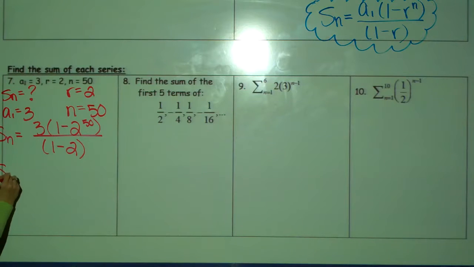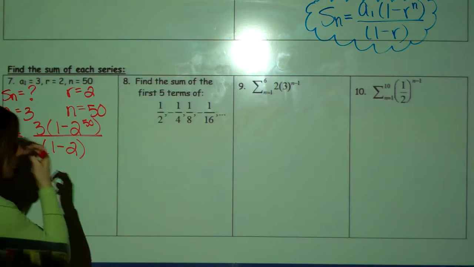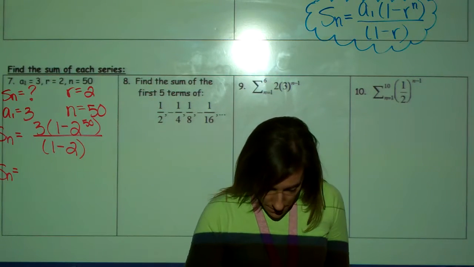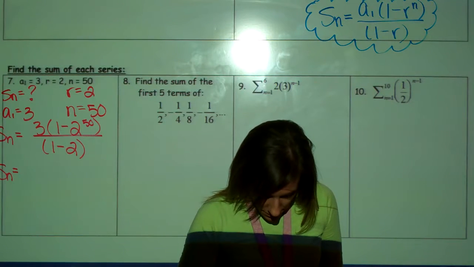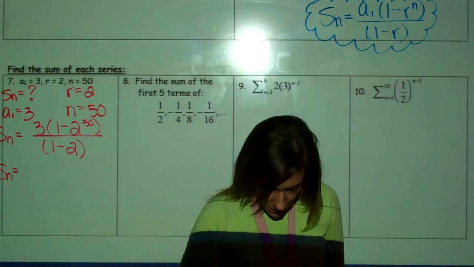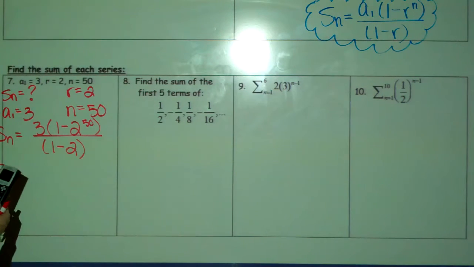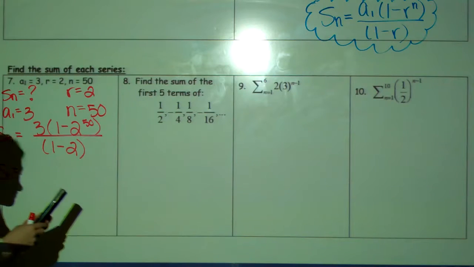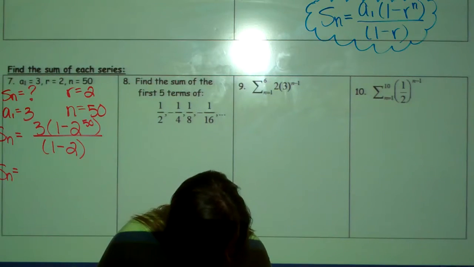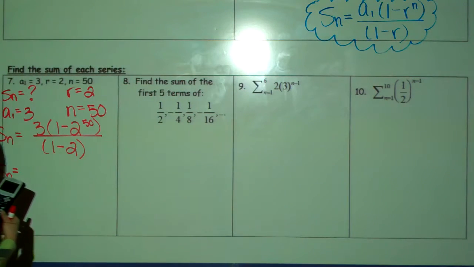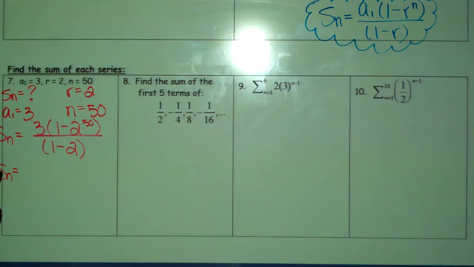Okay, so I'm just going to go through. 1 minus 2 to the 50 is a huge number. I'm just making sure I put the right formula up. You don't take anything away. Nope, that's it. Times 3.